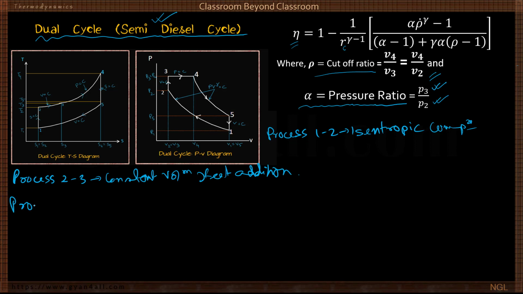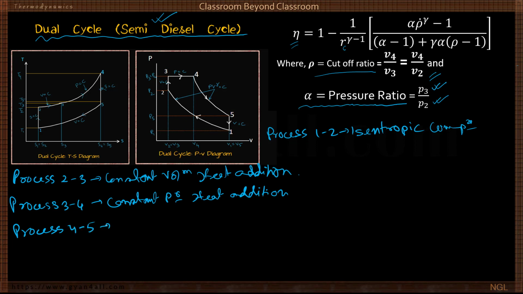And then again process 3-4. Constant pressure heat addition, again heat addition, because heat addition is done in two ways, first at constant volume, then at constant pressure. So constant pressure heat addition.